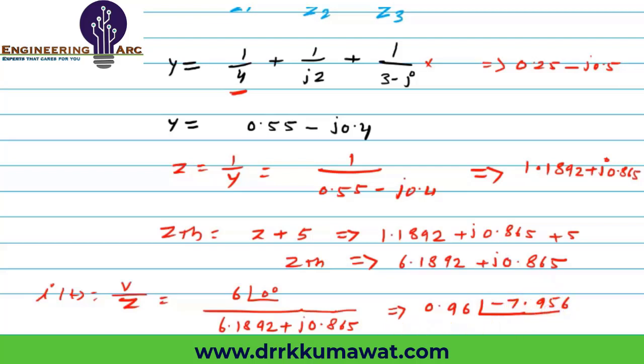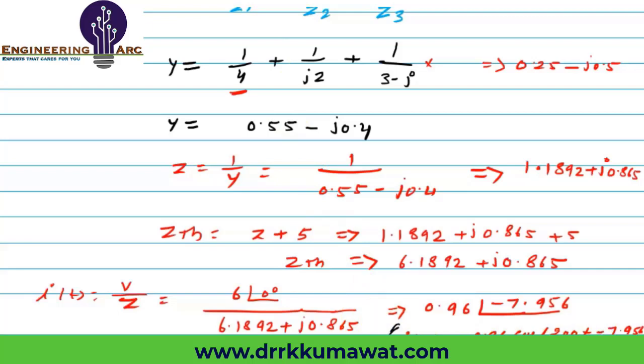Written in the time domain, it will be I of t equals 0.96 magnitude, cos with the same factor as the input voltage source, cos of 200t minus 7.956.